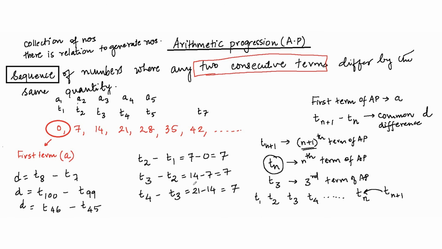It is basically the next term minus the current term. So these are two important terminologies in case of AP. The first term is represented by the letter A, and the common difference is denoted by the letter D.